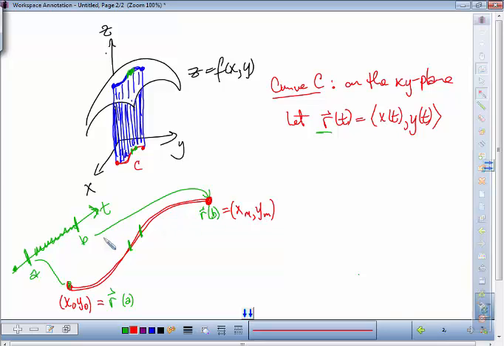But when we finally break it down, we're going to look at the t-axis with a lot more detail. In other words, whatever this integral looks like, in the end we're going to have an integral from A to B, and that's coming from our t-axis.